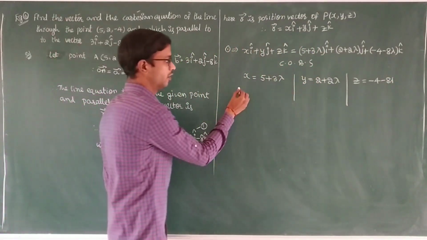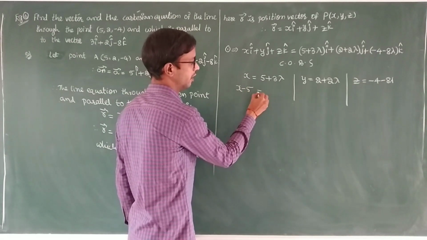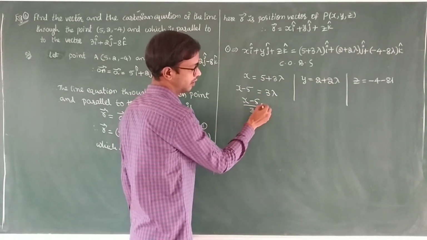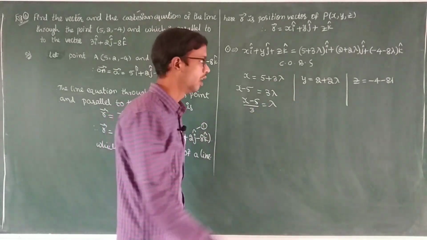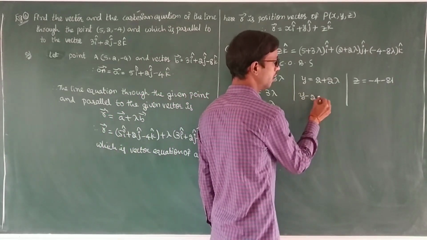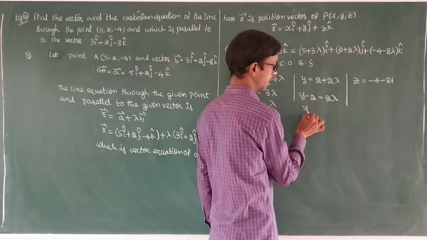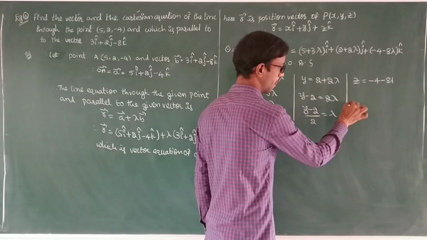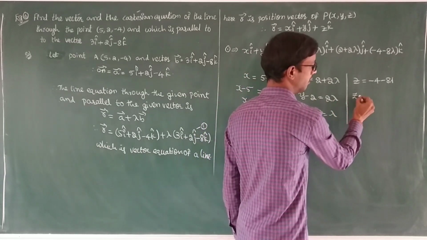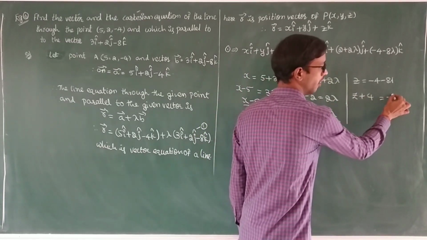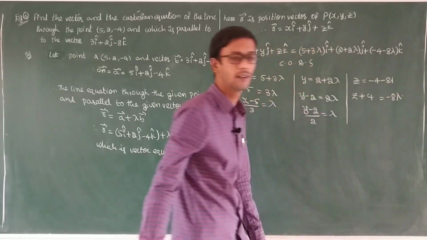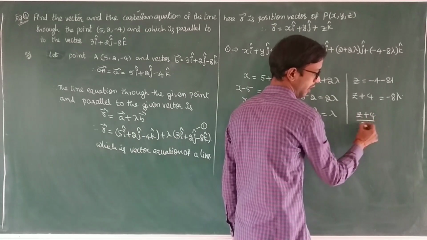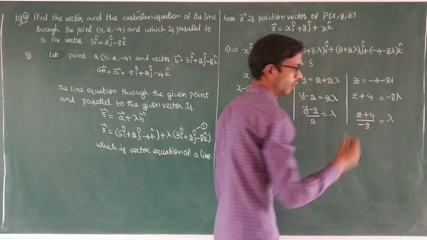Now simplify this. x minus 5 is equal to 3 lambda, so x minus 5 by 3 is equal to lambda. y minus 2 is equal to 2 lambda, so y minus 2 by 2 is equal to lambda. z plus 4 is equal to minus 8 lambda, so z plus 4 divided by minus 8 is equal to lambda.